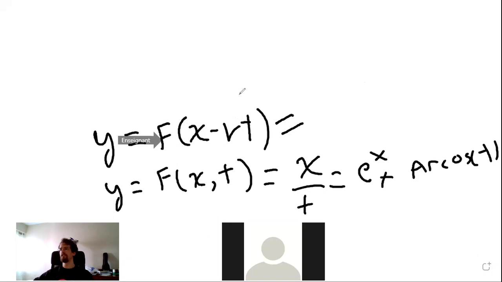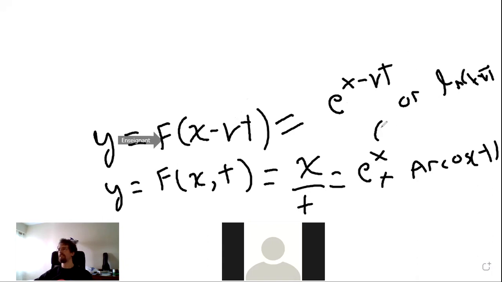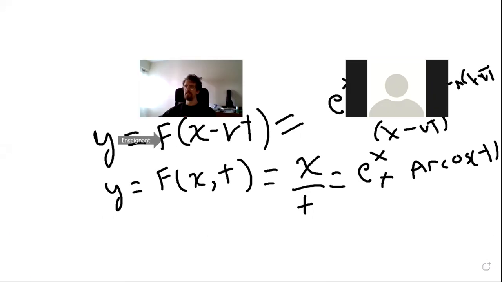So with this already specified, the wave function, whatever it may be, its input always has x and t put together, or it could be anything like x minus bt to the power of 5. Okay, thank you.